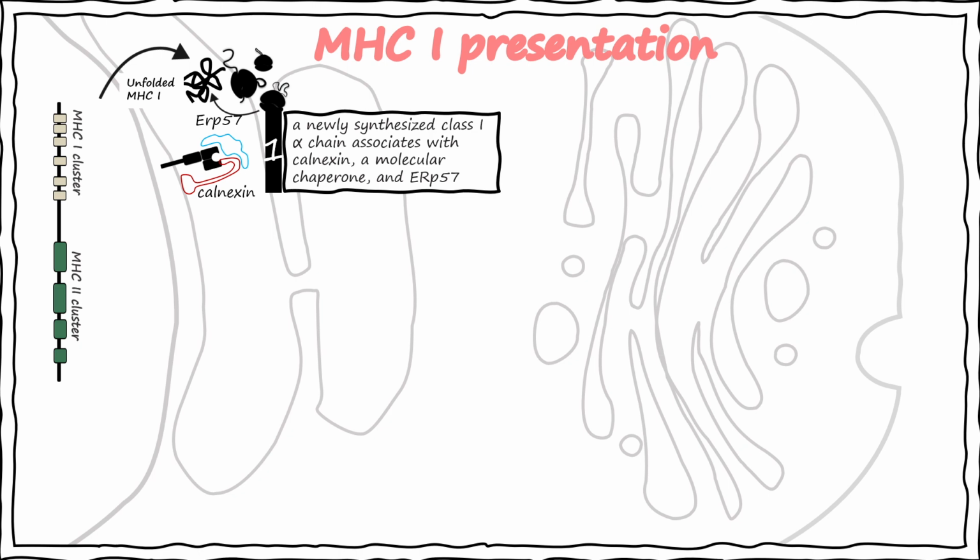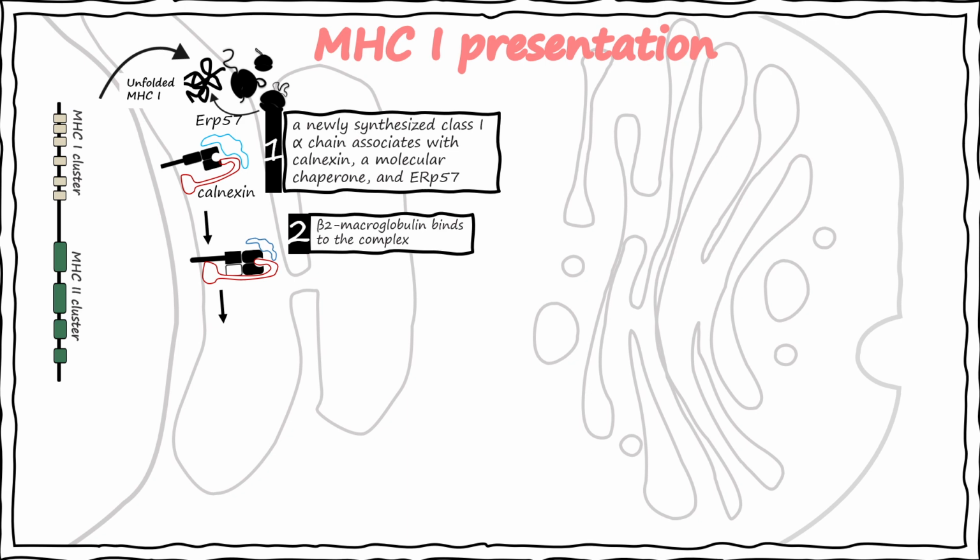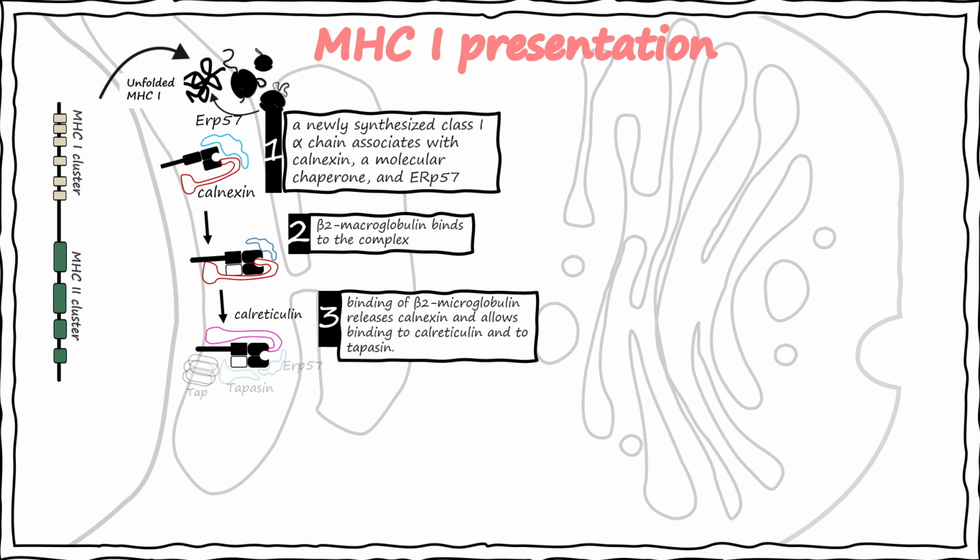ERP57 also helps in forming the disulfide bonds. Then beta 2 microglobulin eventually binds this complex, and this is a signal for calnexin and ERP57 to dissociate. Next, another chaperone known as calreticulin binds to the class 1 MHC and forms a complex with ERP57, tapasin and the TAP transporter. All of these together are known as the peptide loading complex, because it would load an endogenous peptide into the groove of the MHC.